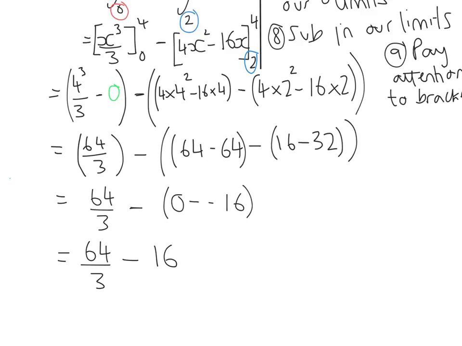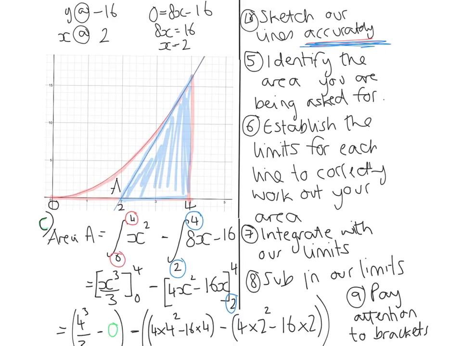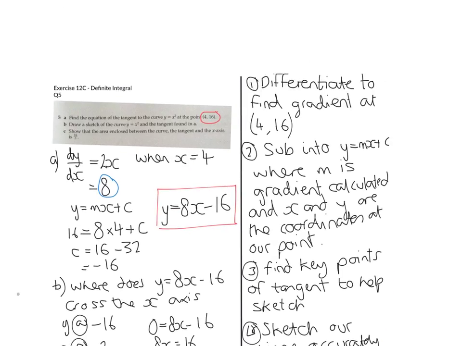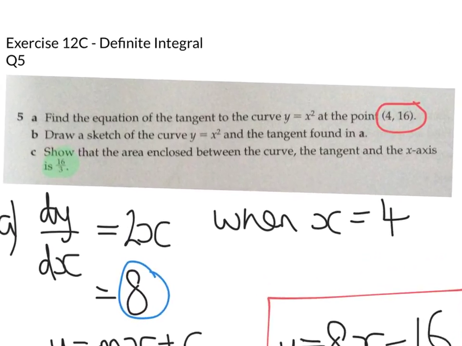Take away from that 16, which is going to give us 16 over 3 units squared as our answer. And if we scroll all the way back up, we are showing that the area is equal to 16 over 3, so correct.